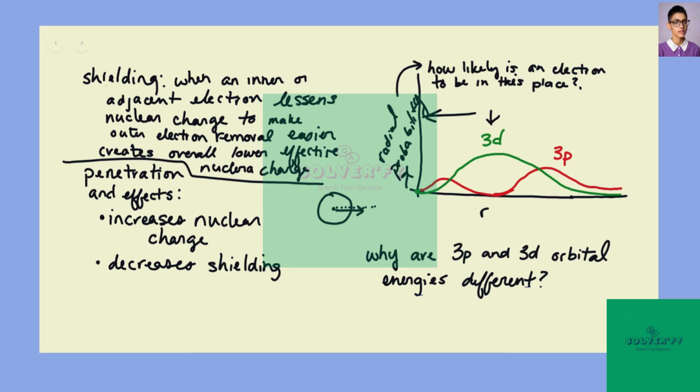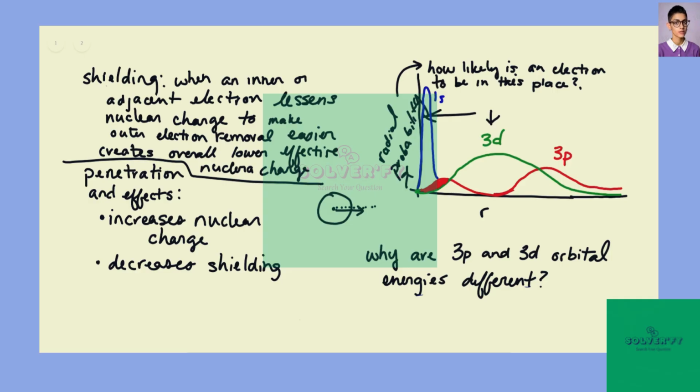However, because there is this small portion of the 3p that is inside of the 3d, it ends up overlapping with all of the other important inner orbitals that are already there.